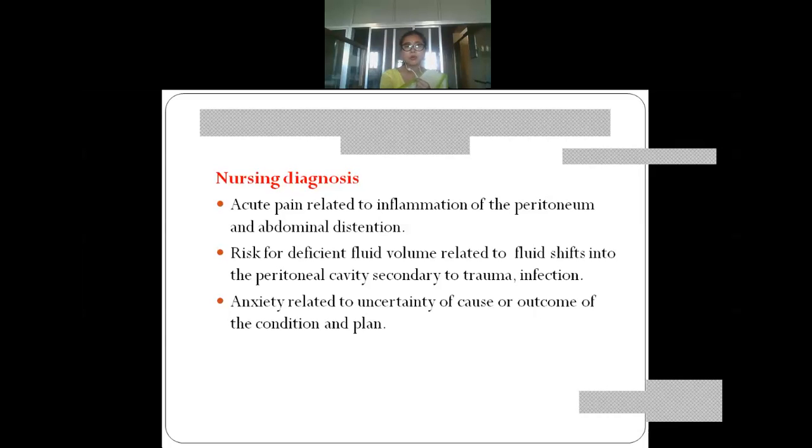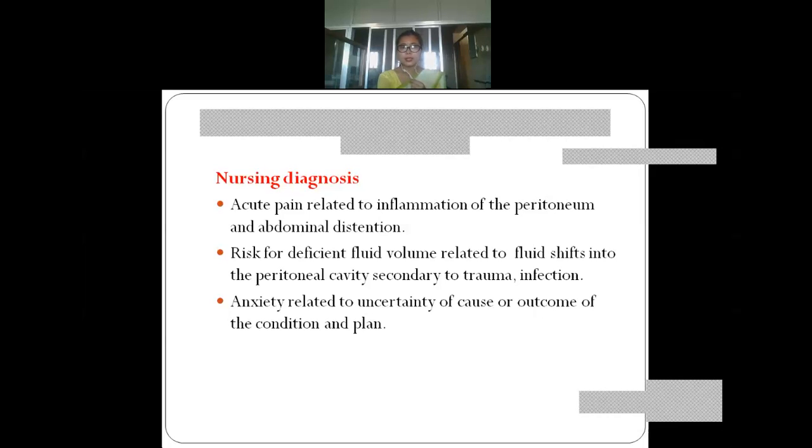The first intervention will be to measure the intake and output, and then we can also measure the abdominal girth to check for any fluid accumulation in the abdomen. And then if needed, IV fluids will be given to the patient.